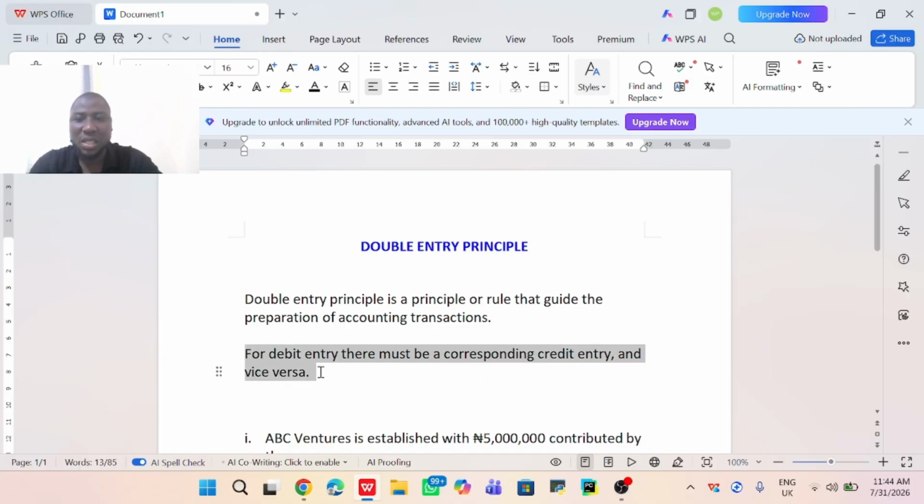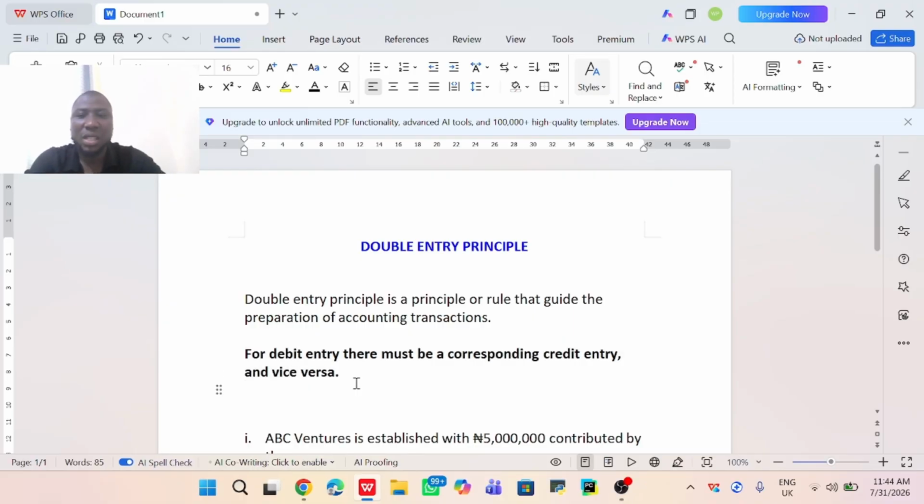As simple as this, you should understand this very well. For every debit entry, there must be a corresponding credit entry.